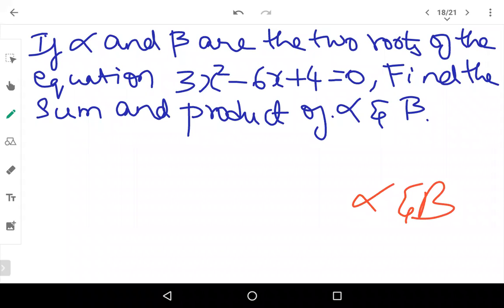They are only the two roots of the equation. Instead of giving you m and n, they have given you alpha and beta. So now try and solve this: the sum of alpha and beta, that is alpha plus beta, and the product of alpha and beta.